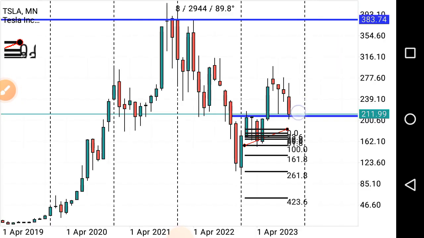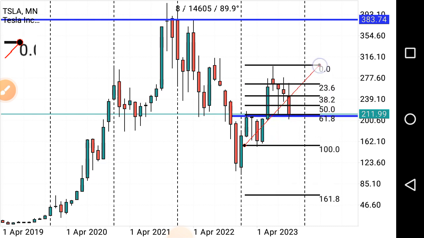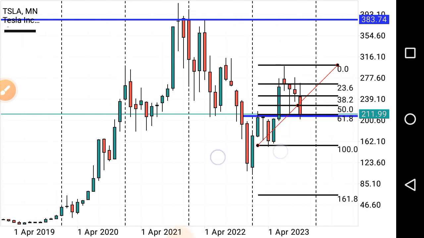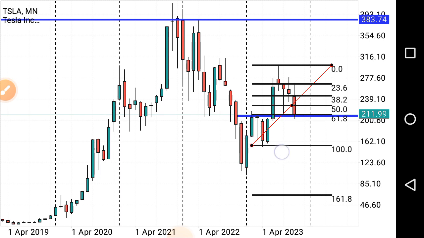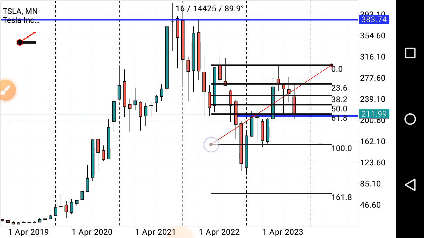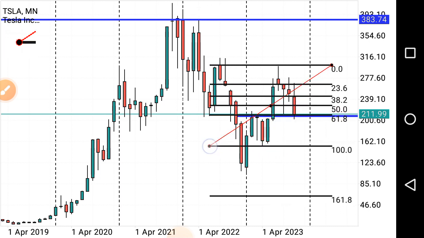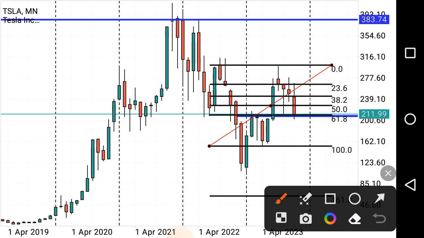If we were to utilize Fibonacci, we would see that the neckline of that overextended W structure aligns with the 61.8% Fibonacci retracement level, and there is confluence as far as looking for potential buy opportunities goes. I hope you guys can see that, right?